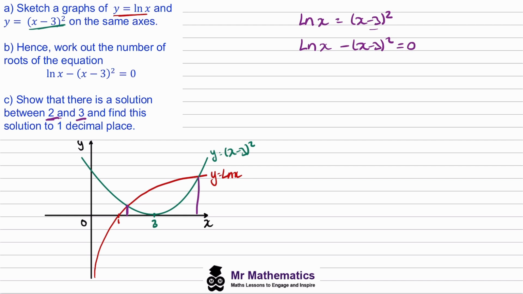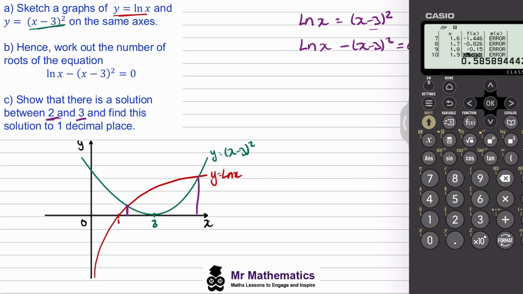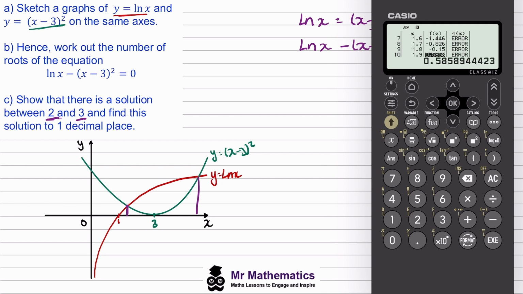So if we go back to our calculators, we'll press tools, we'll define our new function of x. This is the natural log of x minus x minus 3 squared. We'll execute that. I'll delete these old values. We'll enter x equals 2.